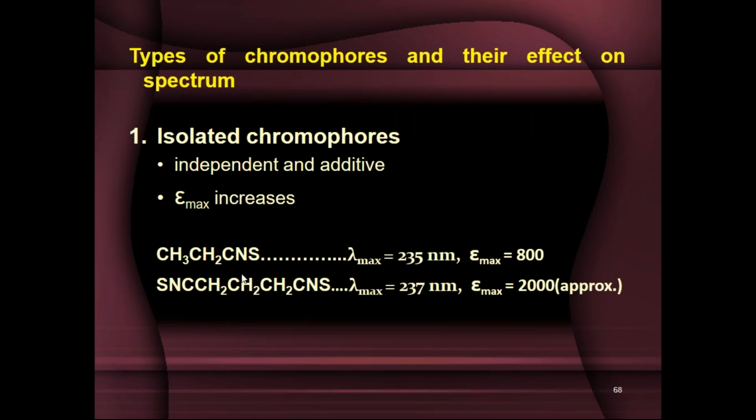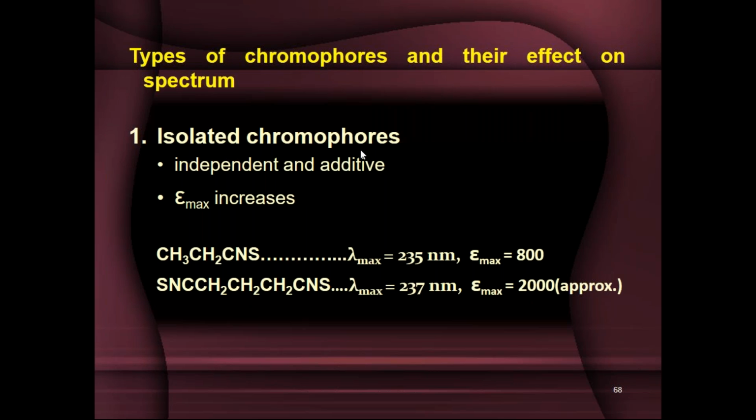We'll take an example. This is the compound CH3CH2CNS, where the chromophore is the CNS group. For this compound, you will get a spectrum with a lambda max of 235 nanometers and an epsilon max of 800. Now, we are going to take another compound which has two CNS groups.